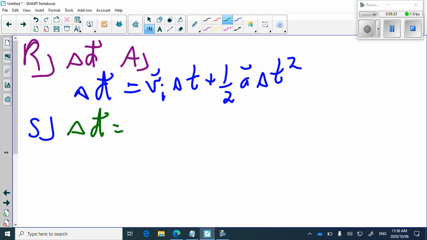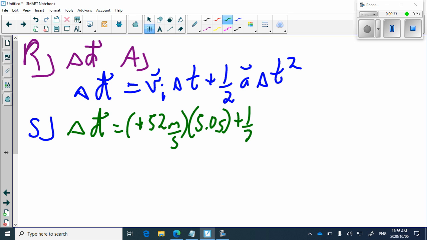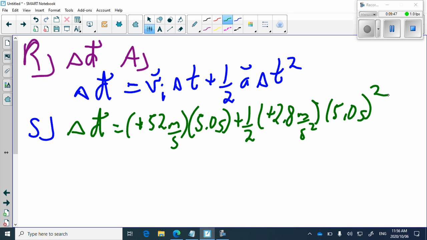Positive 52. So positive 52 meters per second. It was traveling for 5 seconds plus a half times the acceleration was positive 2.8 meter per second squared, right? Time was 5 seconds, and we square it.